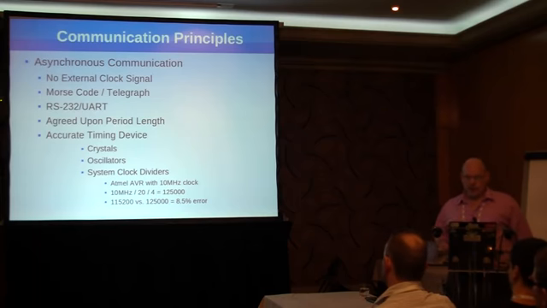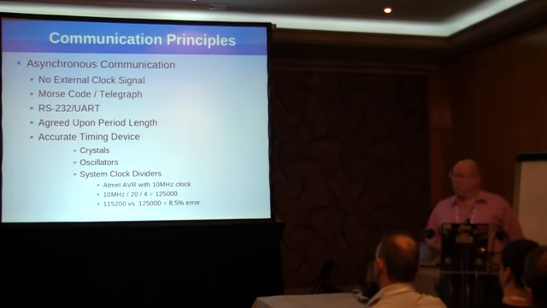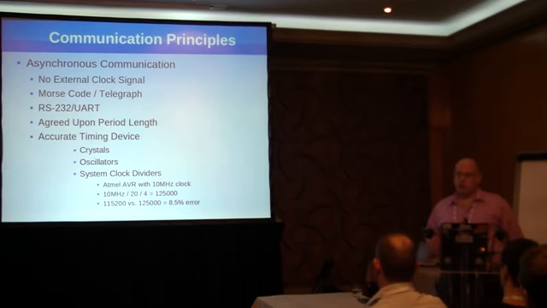You can actually divide that clock down to a specific baud rate. In this example, it's actually dividing down to 125 kbaud. If you're actually connecting to another device, it might be expecting 115,200, which is an 8.5% error, meaning these two devices would not communicate with each other.